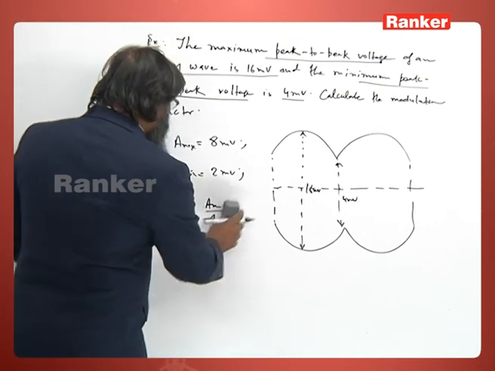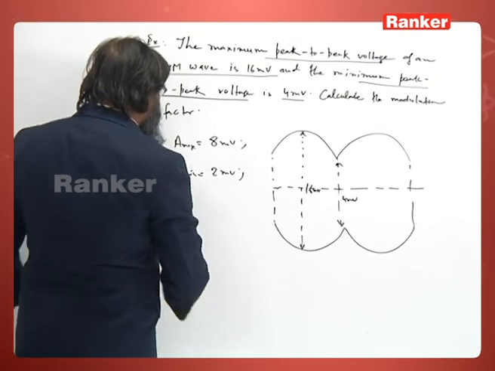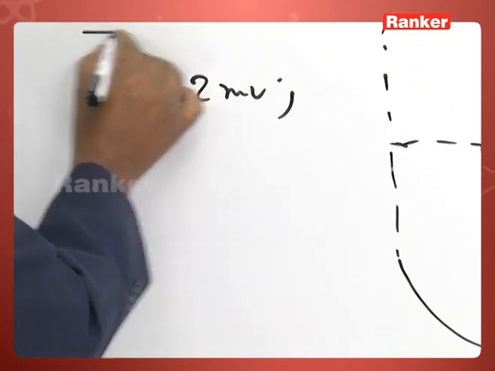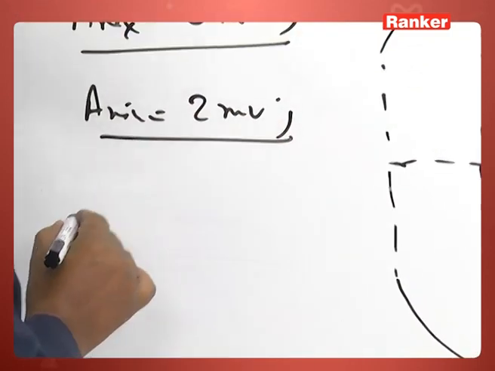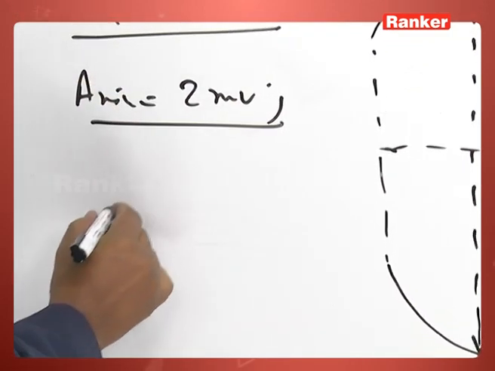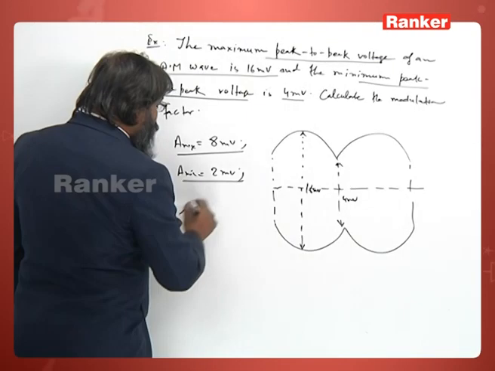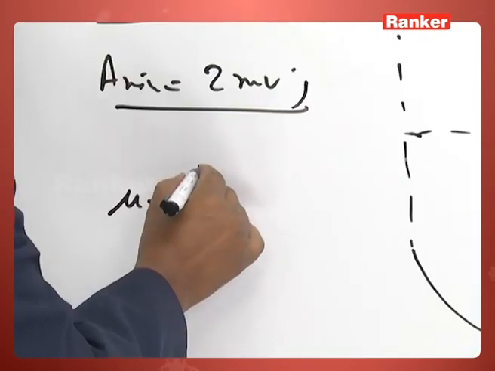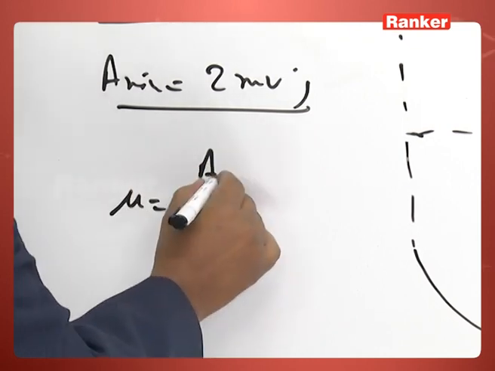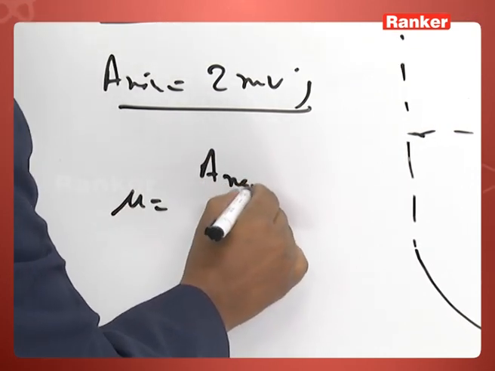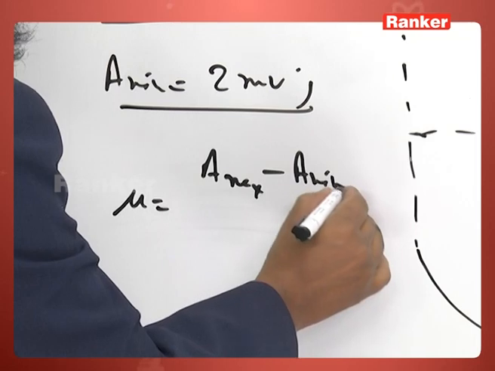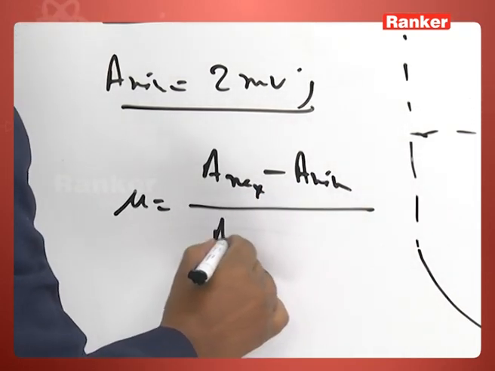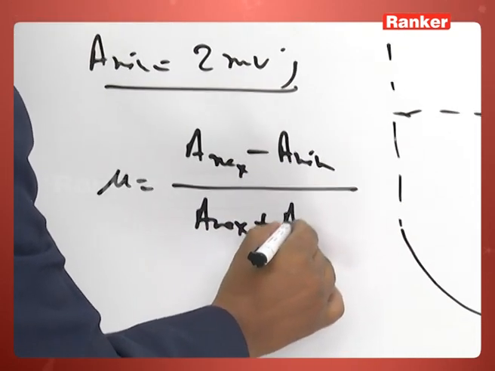So the modulation index is required. We got A max and A min. By calculating, the modulation factor mu is A max minus A min by A max plus A min.